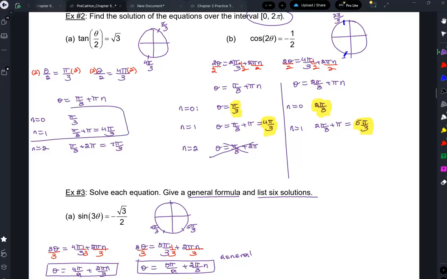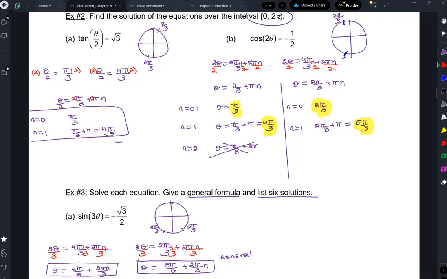Why is it pi over 3 and not 2 pi over 3? Because isn't it theta over 2? So when you multiply by 2... Oh shoot, yes, you multiply by 2. I'm sorry, I don't know why I can't focus today. It was theta over 2. So we had to multiply this by 2.